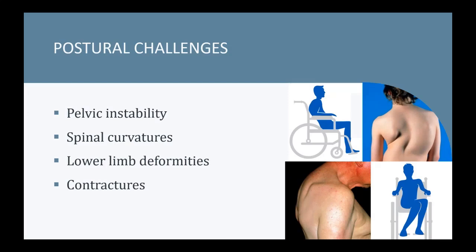But this step 2 is all about understanding what's driving those challenges, because, for example, if somebody presents visibly with a pelvic obliquity, and this is just a very basic example, if we don't understand that dominant driver or what the root cause is, it depends on whether we build up from the left or from the right.